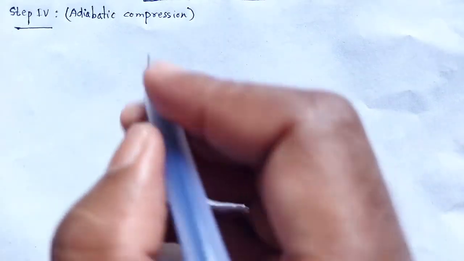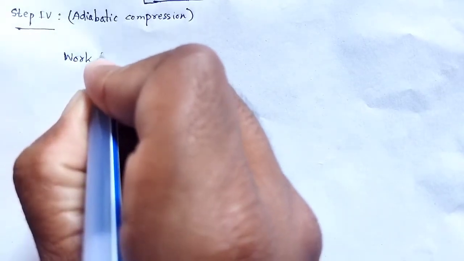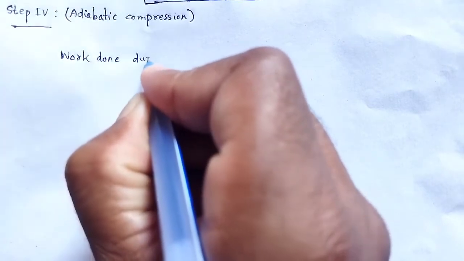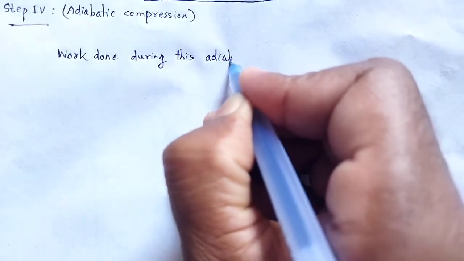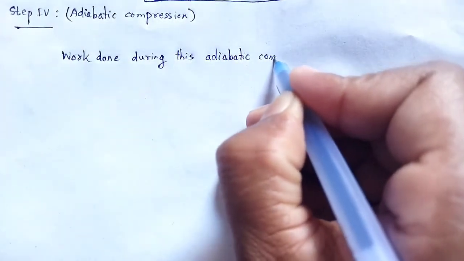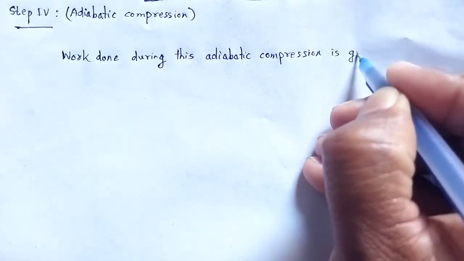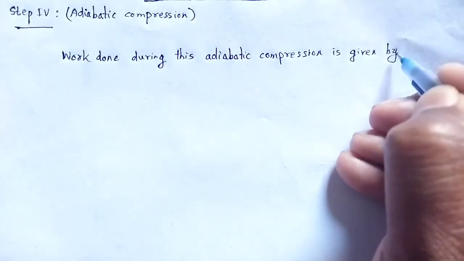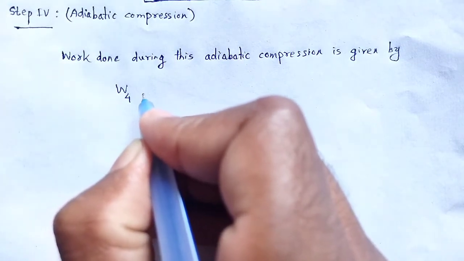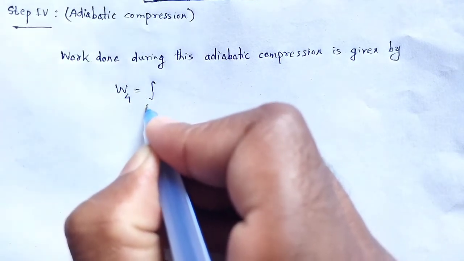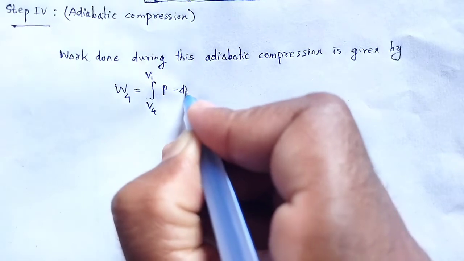So the work done during this adiabatic compression is given by W4, which is equal to integration from V4 to V1 of minus P dV, that is the compression case.